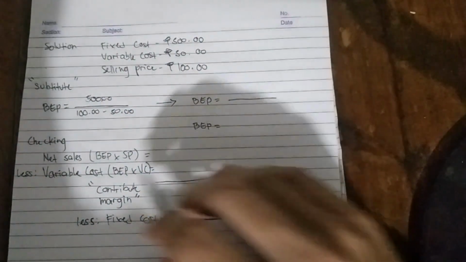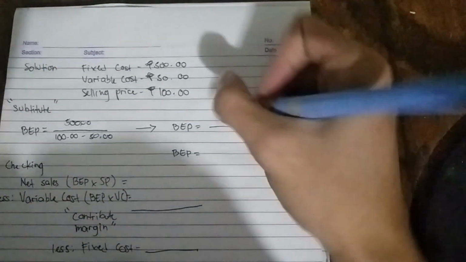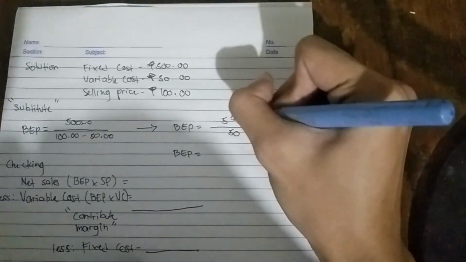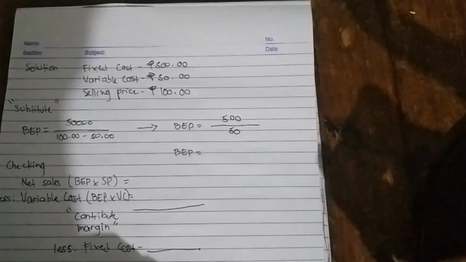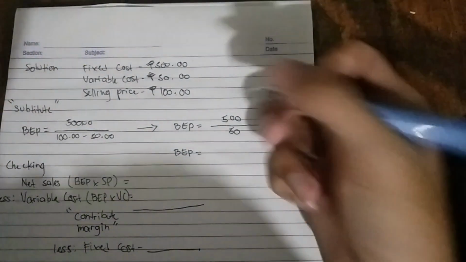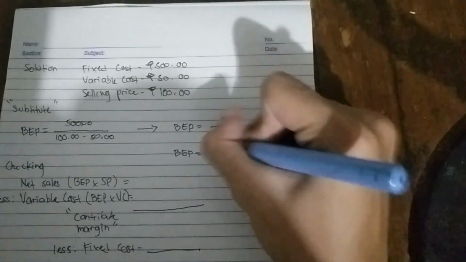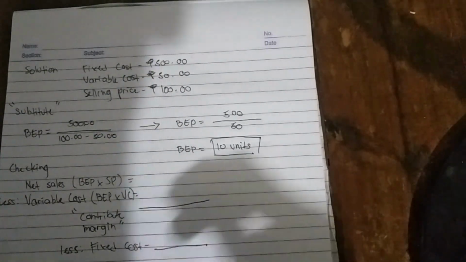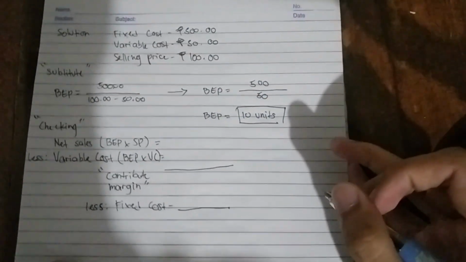Again, ayusin naman natin ang denominator. 100 minus 50, you'll get 50. So 50 here and 500 here. 500 divided by 50, you'll get 10 units. Now you have your BEP, which is 10 units. Let's check. Net sales.